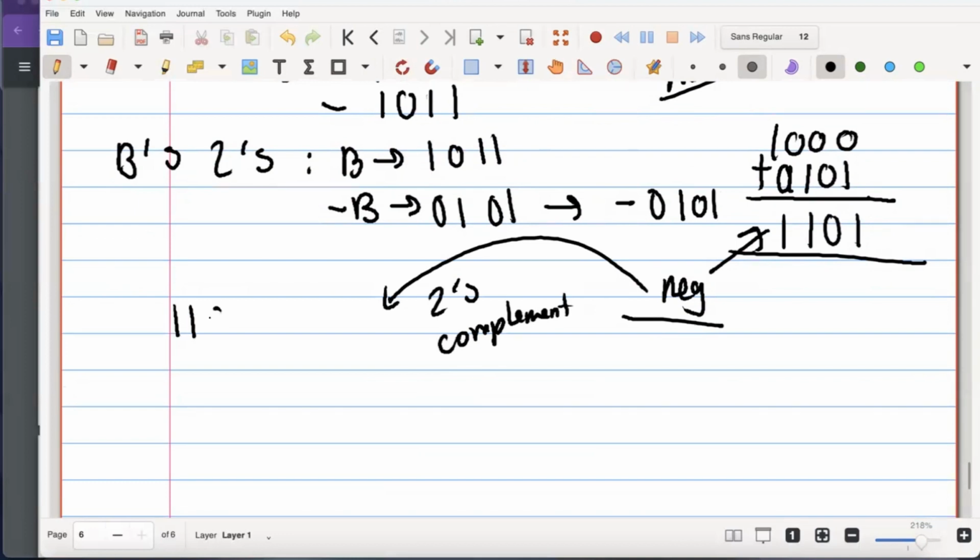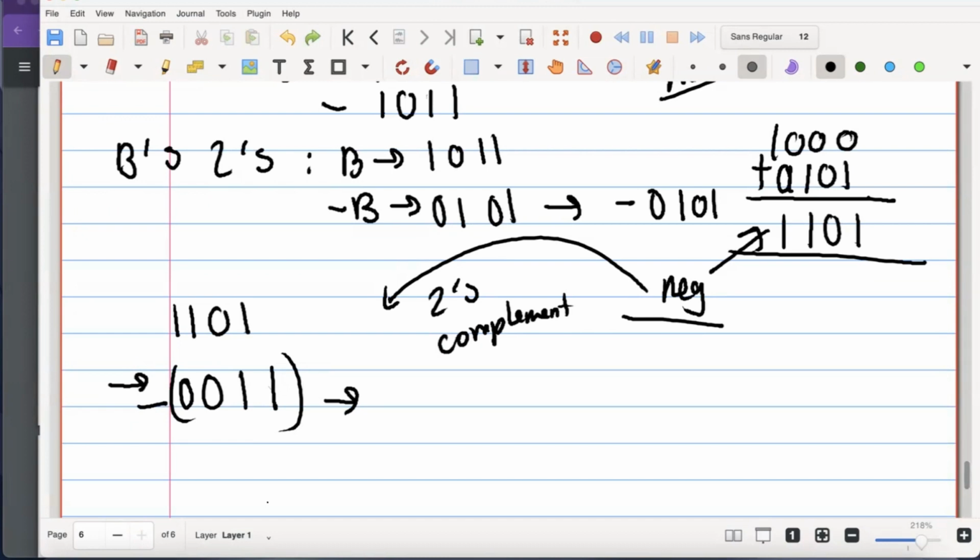We have 1, 1, 0, 1. Taking 2's complement, the first one stays the same. The rest is just 1's complement, which is 1, 0, 0. What is this value in decimal? So this is now positive. Well, this is negative, right? But inside is something that we can actually interpret.